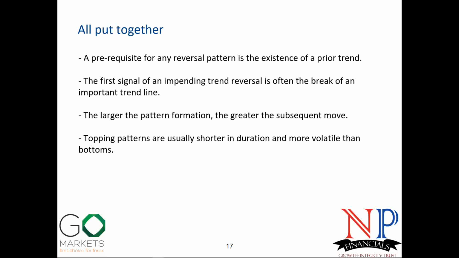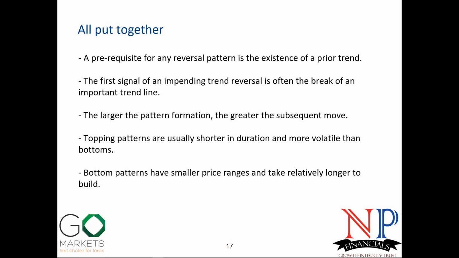The Aussie dollar I showed you formed in 1.1 only for 6 months, 6 bars. That's why I say top patterns are usually shorter in duration and more volatile than the bottom ones. Bottom patterns have a smaller price range and take relatively longer to build.